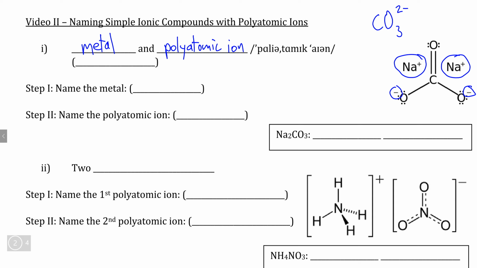So the name polyatomic ion actually tells us exactly what this sort of compound is. And basically a polyatomic ion is a group of atoms that only exist together. So CO3 exists as one unit, and basically they behave in the same way that a single atom does.